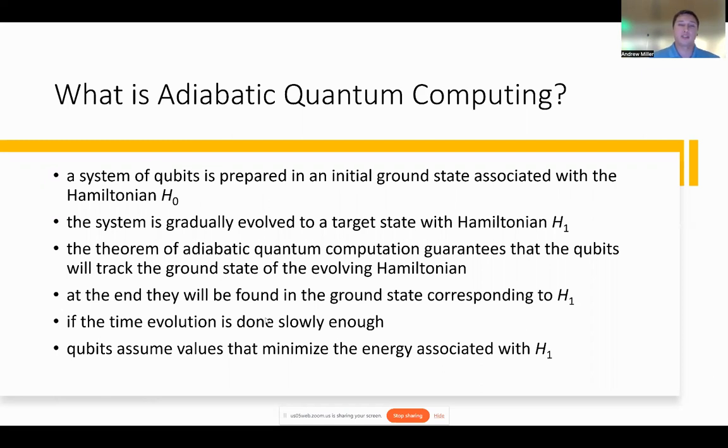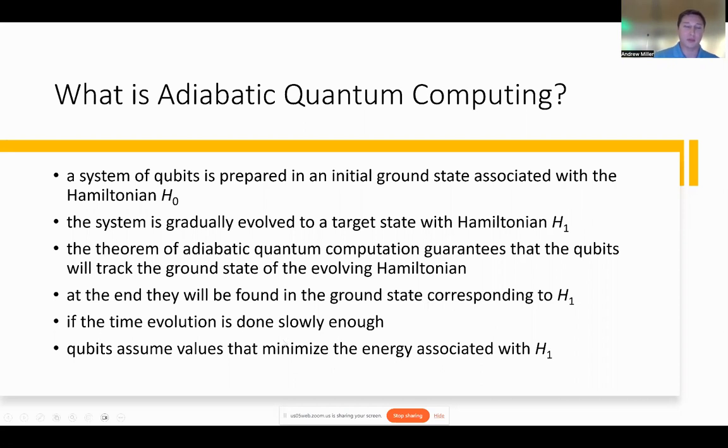But in essence, you apply a magnetic field to evolve the system, and the system eventually reaches the final state, described by Hamiltonian H1, and that Hamiltonian really contains the answer you're looking for. And there's a theorem of adiabatic quantum computing, which is the basis that makes it possible for this thing to work.